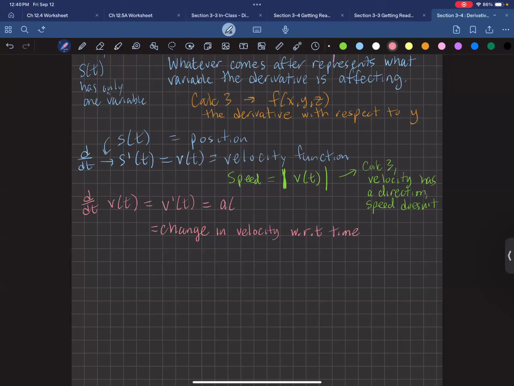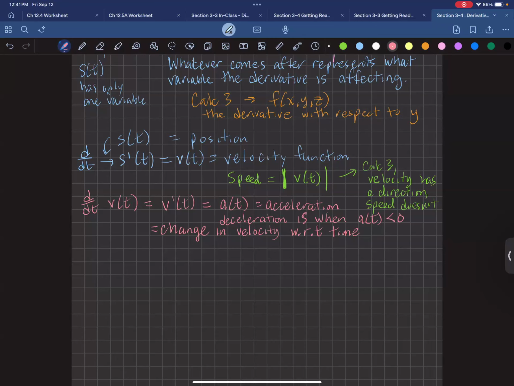So we call this acceleration. Deceleration is when a of t is negative. Your acceleration is negative, which means you're slowing down.